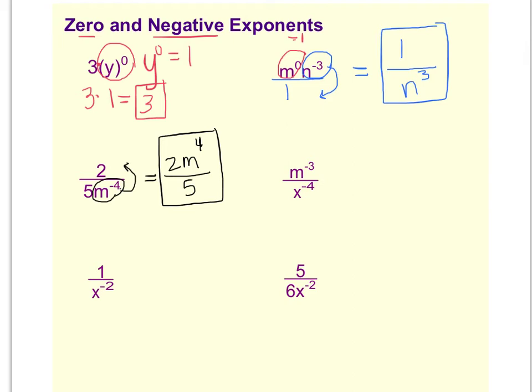Alright, our next example, we see that we have 2 negative exponents. So anytime you have a negative exponent, it has to move. So this m to the negative 3 is going to come down to the bottom. So when we rewrite this, your base stays the same, so it's going to stay as an m, and instead of the negative 3rd power, it's going to be a positive 3.